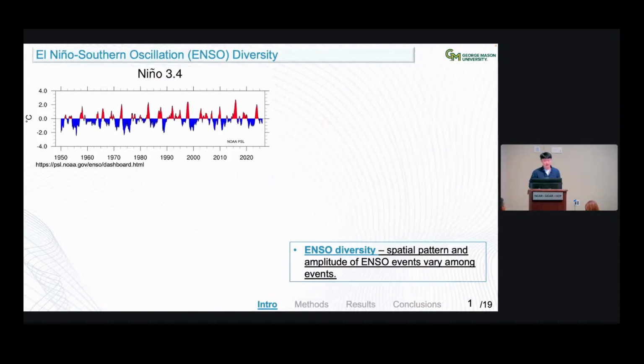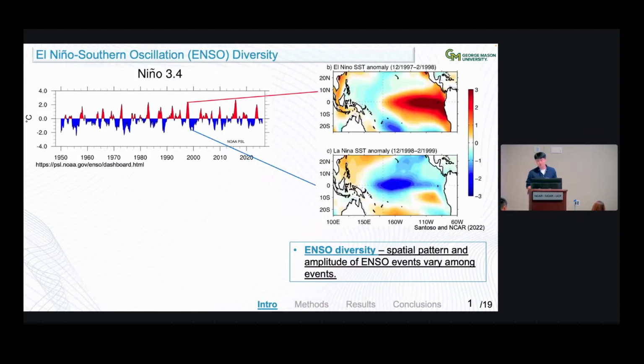Yeah, so I'd like to start with ENSO diversity. I have a Niño 3.4 time series here to show strong interannual variability in terms of both positive and negative temperature anomalies. If we focus on changes in spatial patterns, for example, the strong El Niño from 1997 and the following La Niña, we can see very different spatial patterns of temperature anomalies.